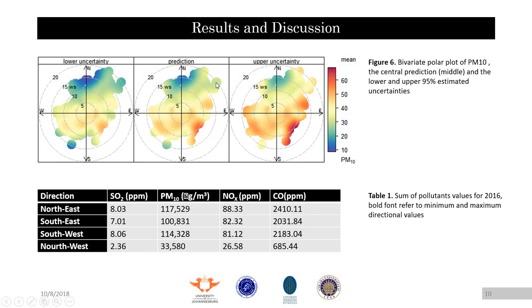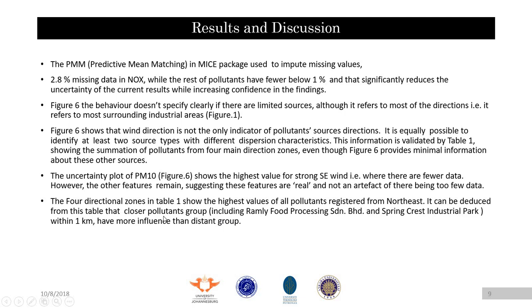So here, this side has some closer pollutant groups, because the closer one is showing the highest impact, which is a food processing plant and some industrial park within 1 kilometer. So logically it will show the highest pollutant rates.